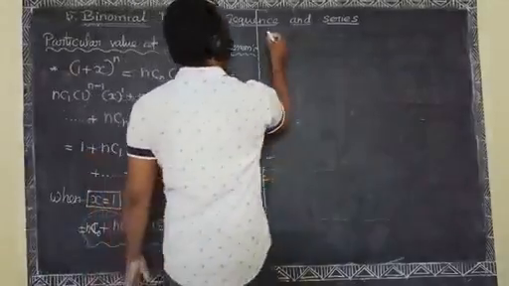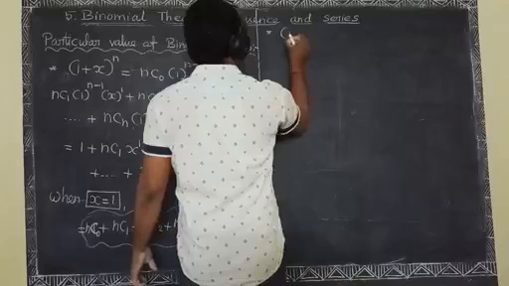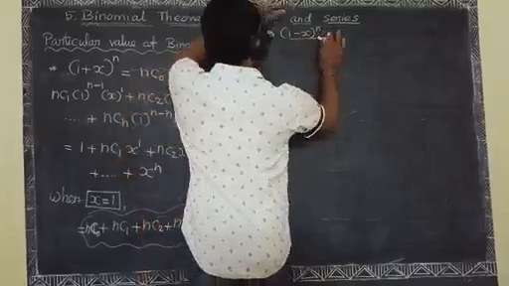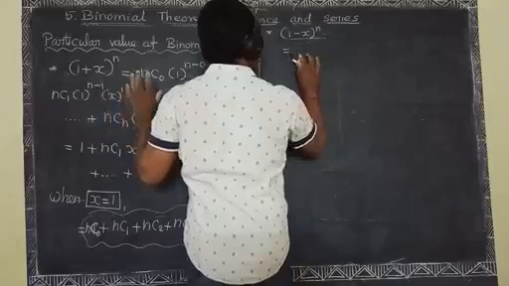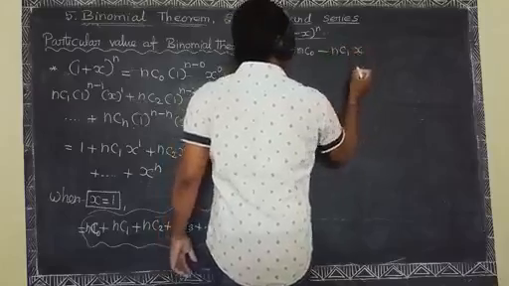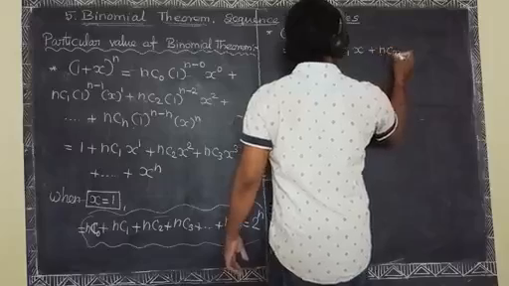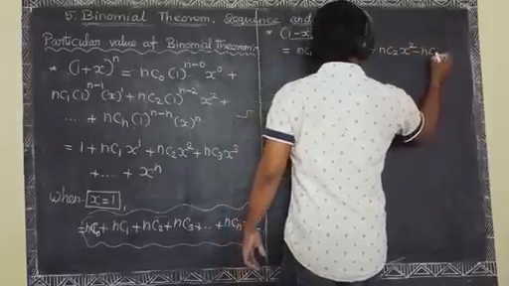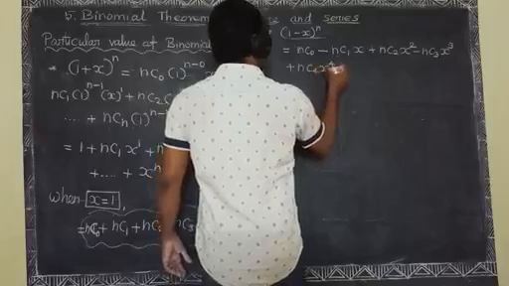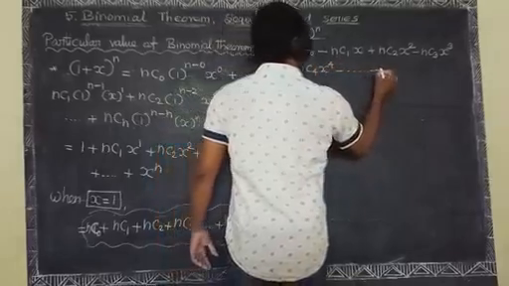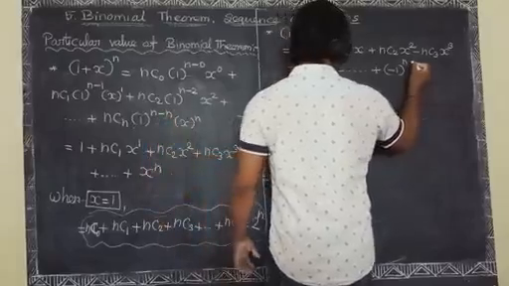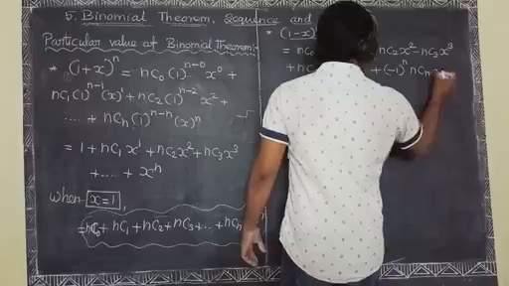Here we take another expansion, 1 minus x the whole power n. The expansion is nc naught minus nc1 x plus nc2 x square minus nc3 x power 3 plus nc4 x power 4 minus and so on, and the last term is minus 1 the whole power n into ncn x power n.